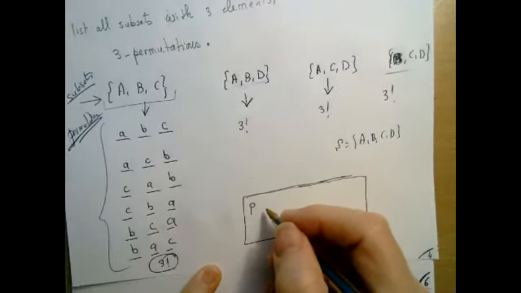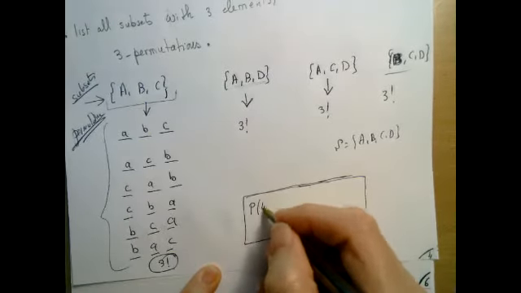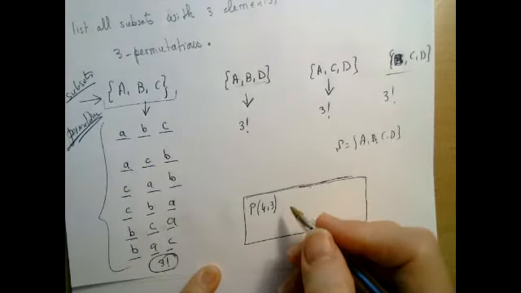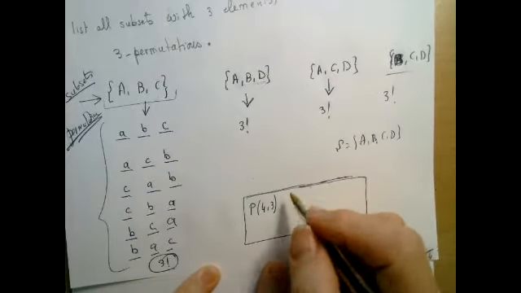I'm listening. The total permutations are going to be equal to the number of permutations within each subset times the... I lost you. Can you repeat?